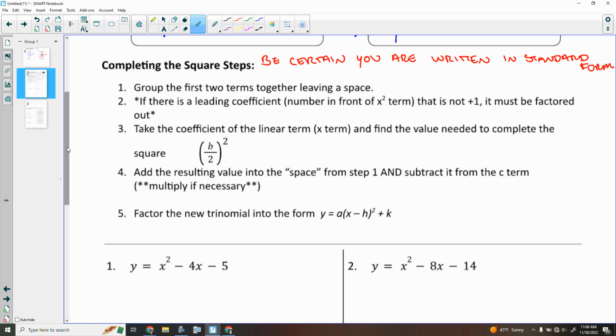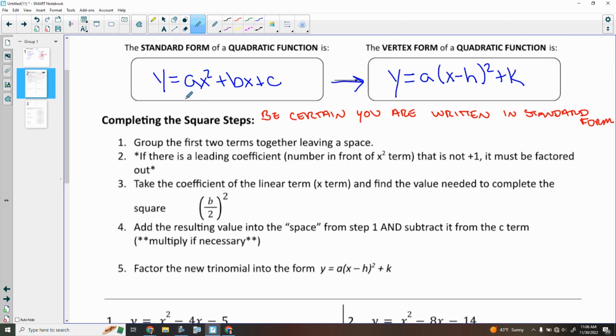Making sure you're written in standard form, make sure that the first term is your x squared term, your quadratic term. Then you have your linear term. And then finally your constant at the end. So just make sure.